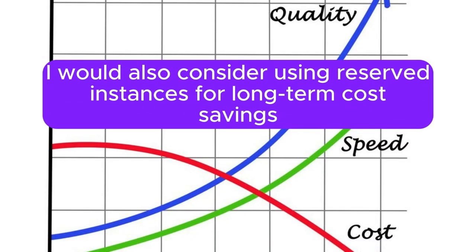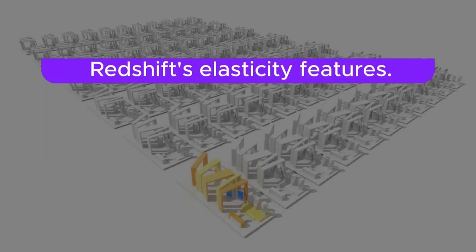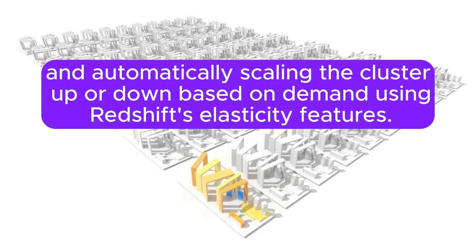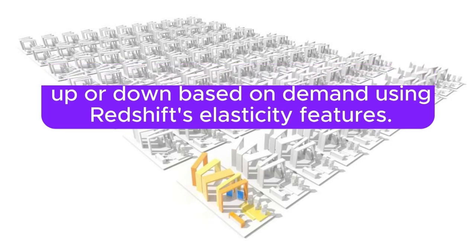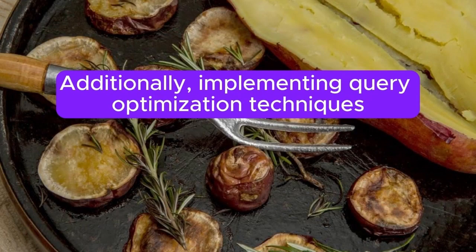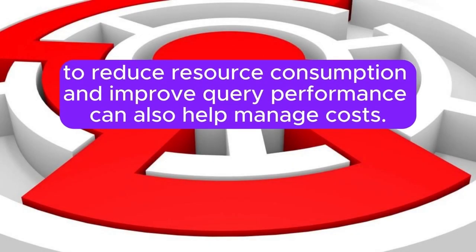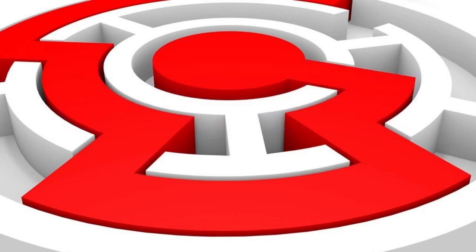I would also consider using reserved instances for long-term cost savings, and automatically scaling the cluster up or down based on demand using Redshift's elasticity features. Additionally, implementing query optimization techniques to reduce resource consumption and improve query performance can also help manage costs.